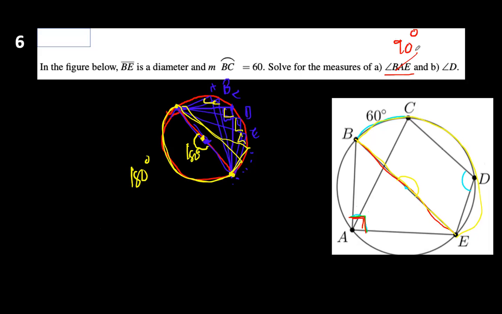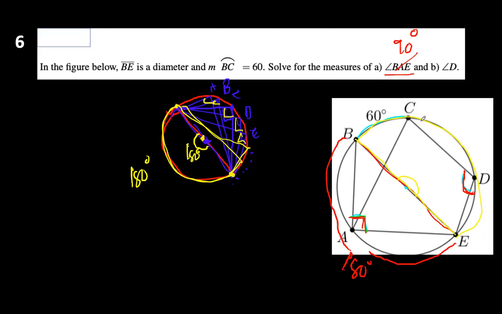And we're looking for angle D. Angle D is here. This is angle D. And we know that this is 180 degrees, because that's a diameter. This is a diameter, and this is a semicircle. It's an arc.